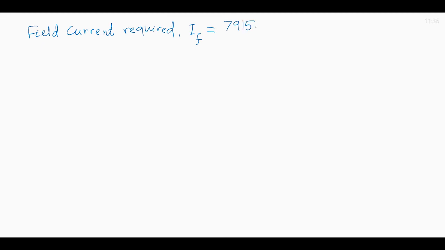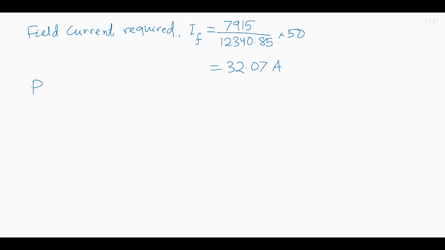The required value of EMF is 7915 volt and at rated field current and 1500 RPM EMF is 12,340.85, because rated field current is 50. So, this field current comes as 32.07 ampere.